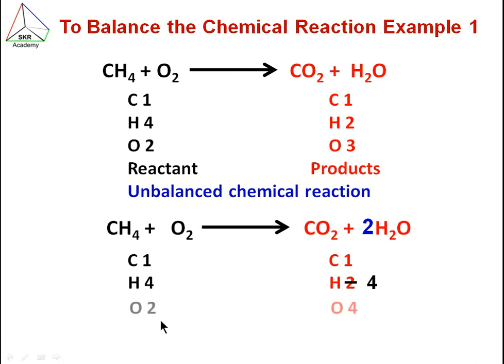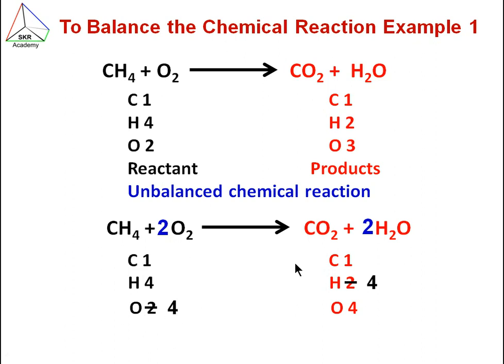But if you see the number of oxygen atoms, on the left hand side 2 and on the right hand side 4. So now we have to balance the oxygen on the left hand side. What we will do is add another coefficient, 2, in front of the oxygen molecule, and the total number of oxygen will become 4.